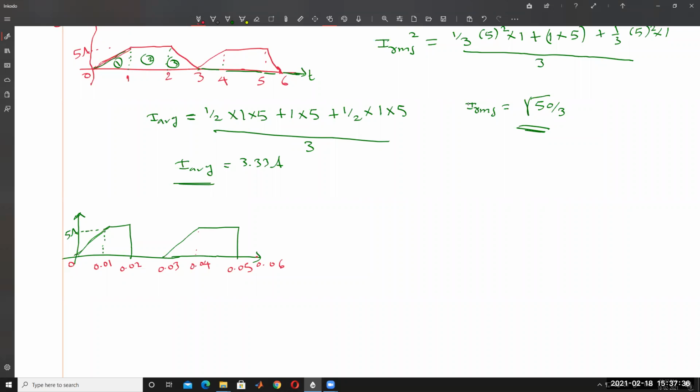So tell me, what is the time period here? What is the time period here? 0.02 or 0.03 or 0.04? Time period T.